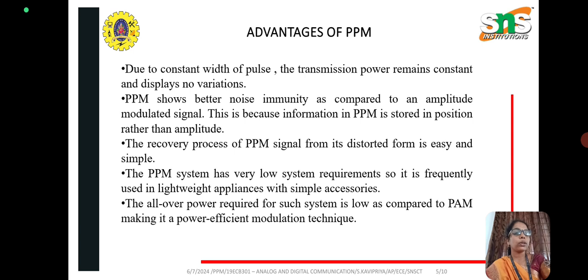The recovery of the PPM signal from its distorted form is very easy and simple. The PPM system has a very low system requirement, so it is frequently used in lightweight applications like simple accessories. The overall power required for such a system is low as compared to PAM, making it a more power efficient modulation technique.